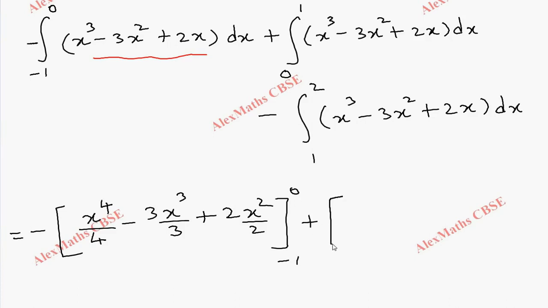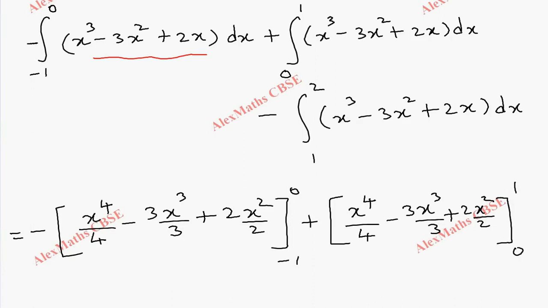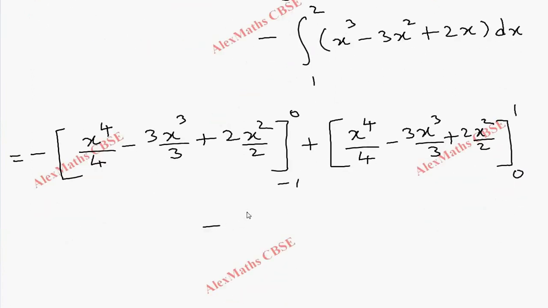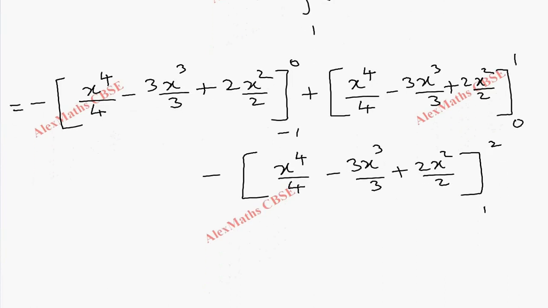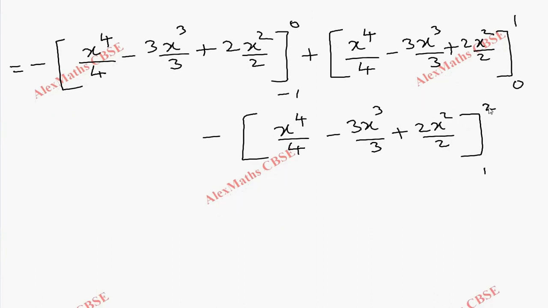Then the second part, again we have to copy everything as it is, but the limit is from 0 to 1. Third part also same. Open a square bracket, x power 4 by 4 minus 3x cube by 3 plus 2x square by 2, 1 to 2.